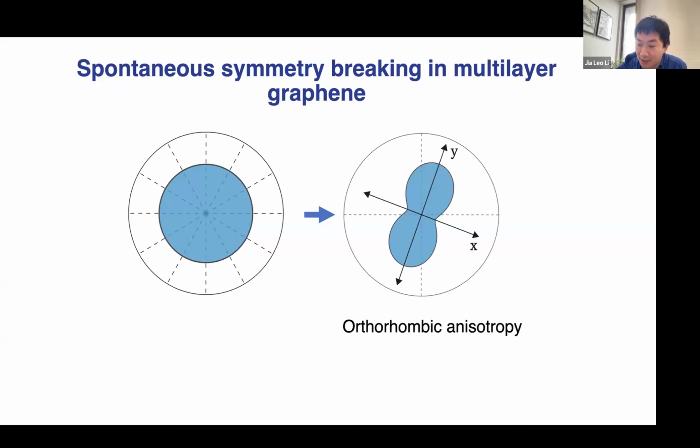The resulting phase is often referred to as orthorhombic anisotropy, and this phenomenon has been studied in a wide range of materials, and it's related to the topic of electronic nematicity. People want to study what is the origin of this, how does Coulomb interaction give rise to this spontaneous rotational symmetry breaking, and more importantly, what is the relationship of this with other emerging phenomena such as superconductivity.